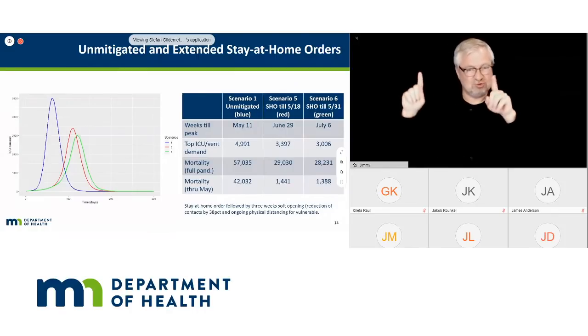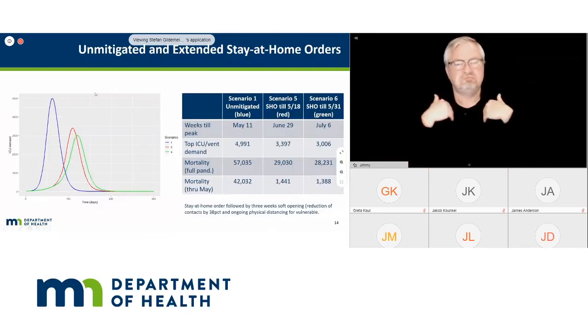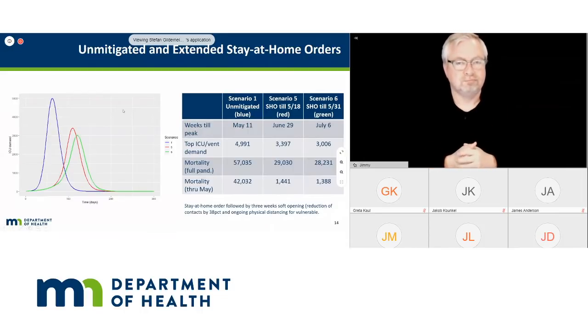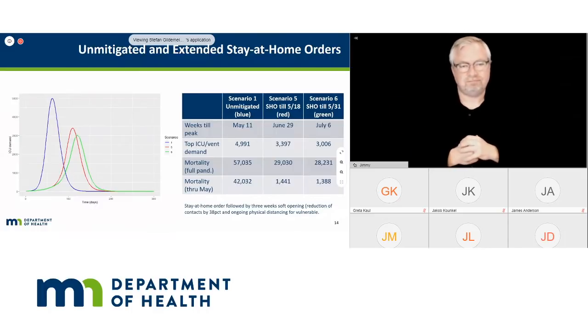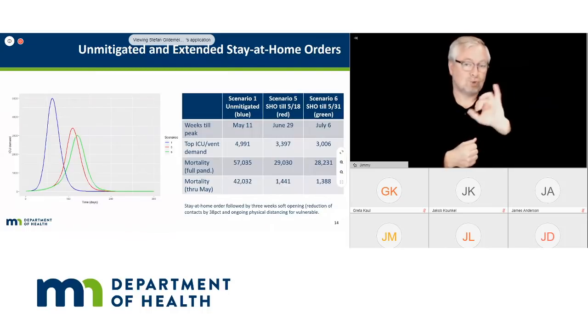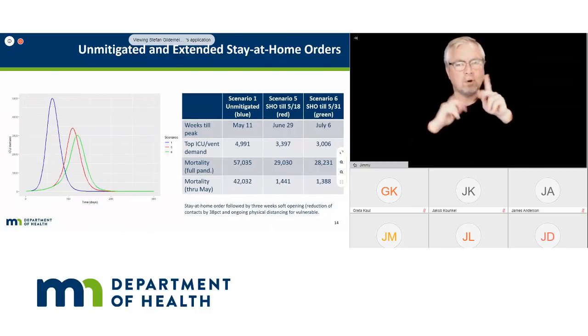So without further ado, there are three scenarios we're modeling here. One again is the no mitigation scenario on top of version 3, and then scenario 5 is assuming the stay-at-home order goes through May 18th and is then followed by a soft release with a reduction in contacts around 38% for 3 weeks, and an ongoing recommendation for staying at home for people most vulnerable, and in this case, primarily elderly.